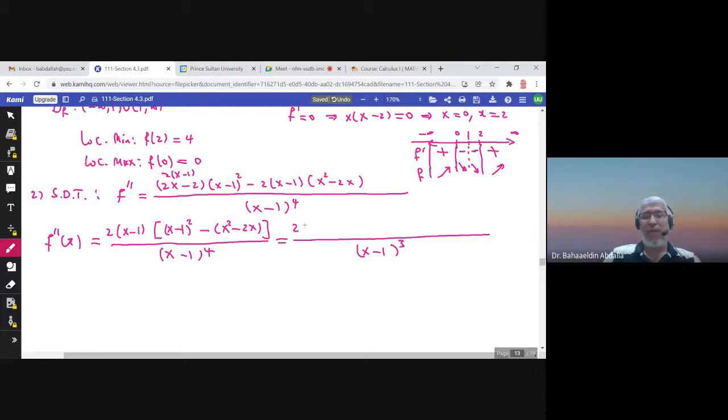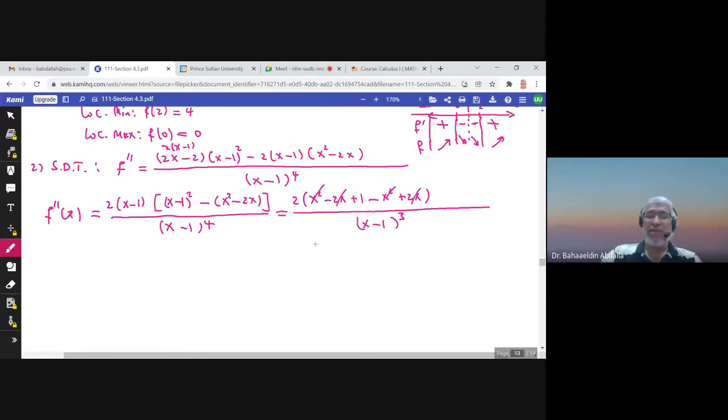Okay. And now let me expand this. It's x squared minus 2x plus 1, and minus x squared, and minus times minus plus 2x. Now I see that x squared cancels and negative 2x cancels. That's nice. So I have only 2 times 1.